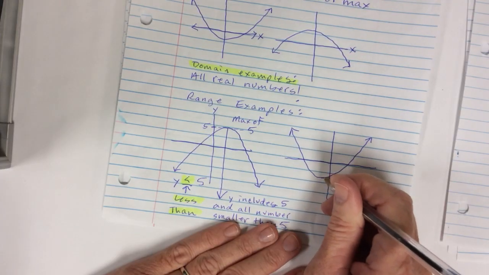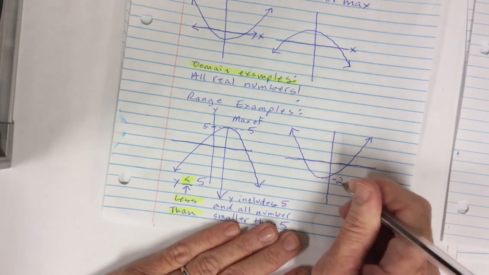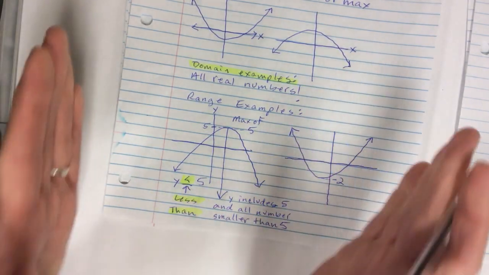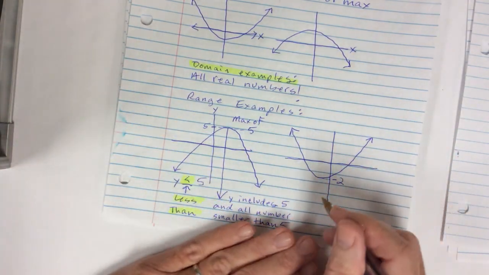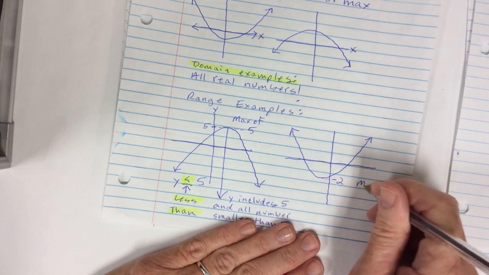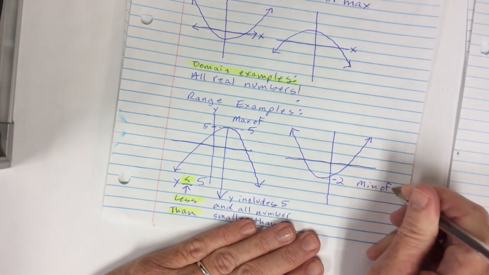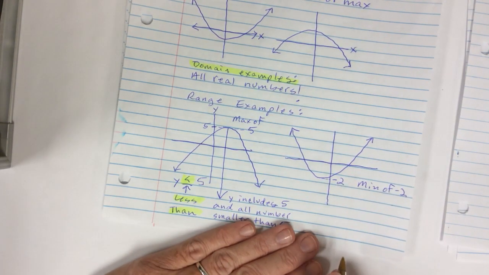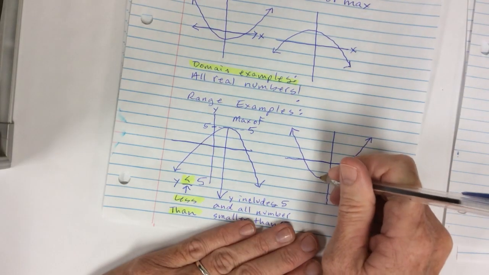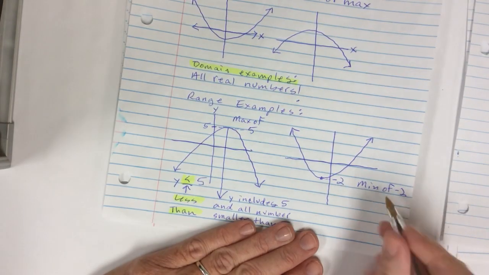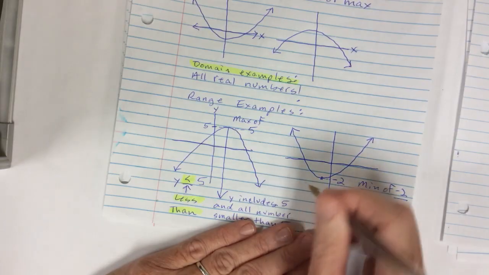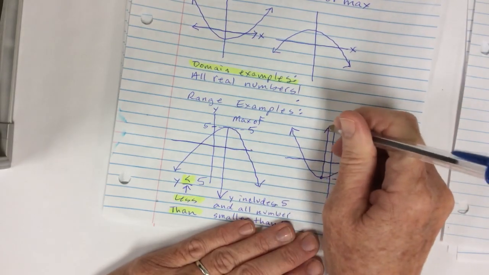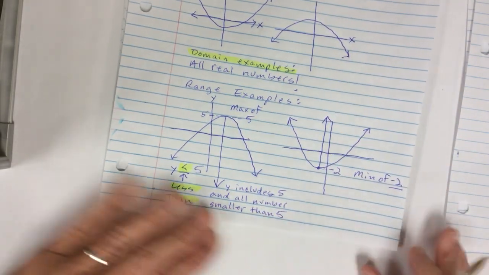And let's say right here is -2. So since it's opening up, it has a minimum of -2. So therefore the range would include -2 and all the numbers bigger than -2.